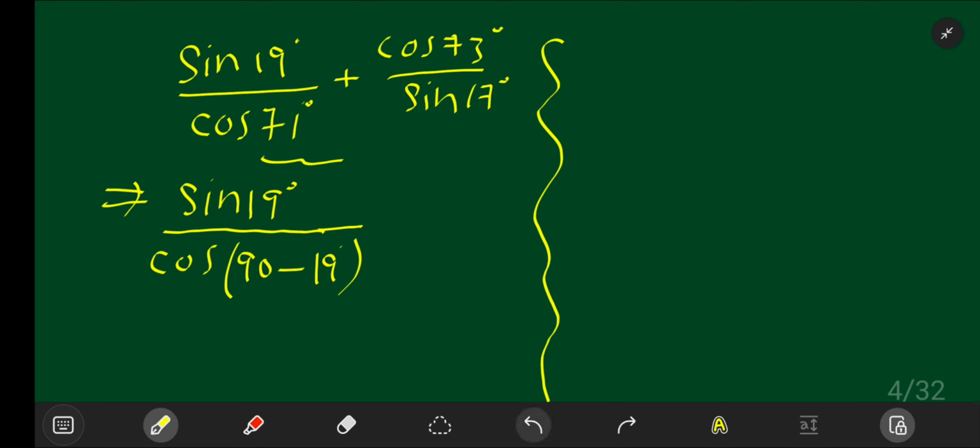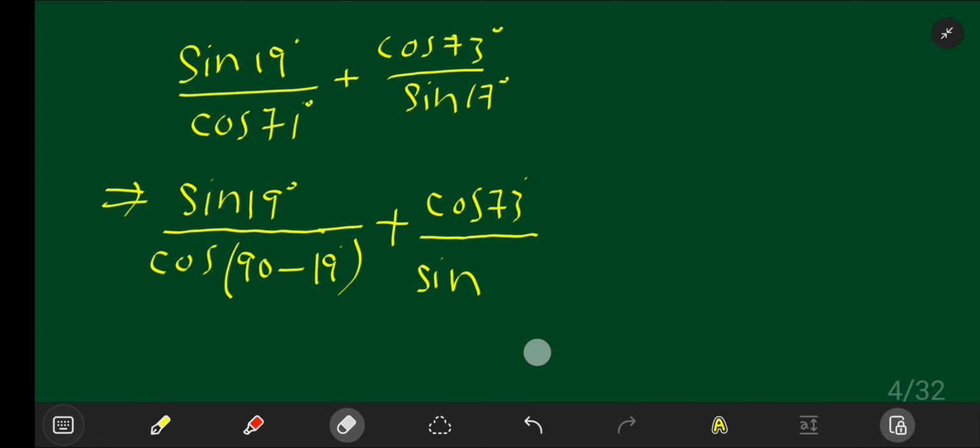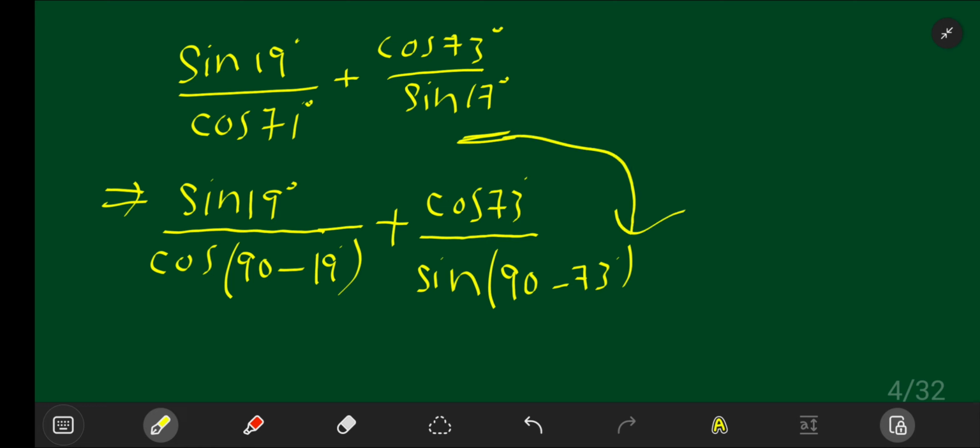We are not changing the numerator, only the denominator. Then cos 73 degrees divided by sin, and 17 degrees can be written as 90 minus 73 degrees. 90 minus 73 is 17 only, no? That's why 17 degrees is written in this form.